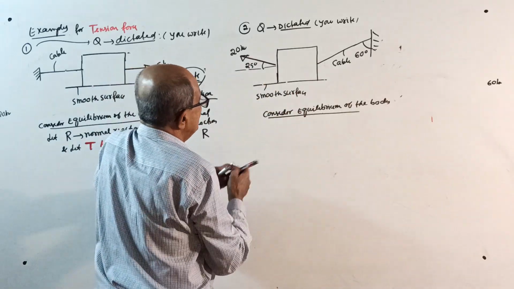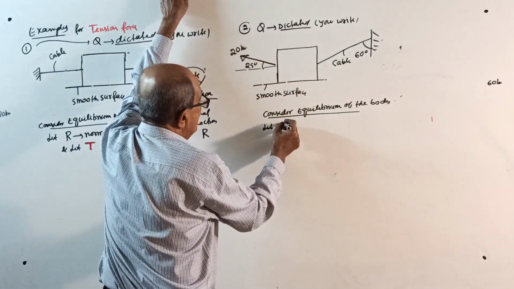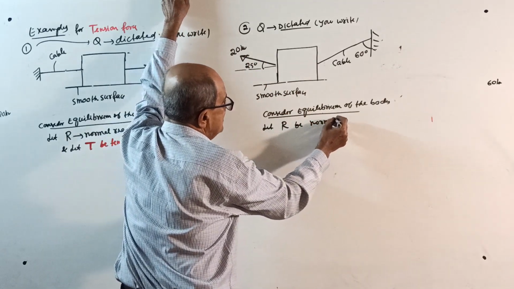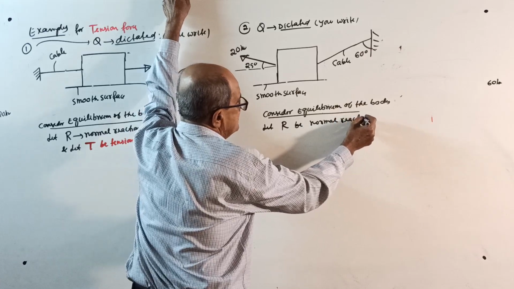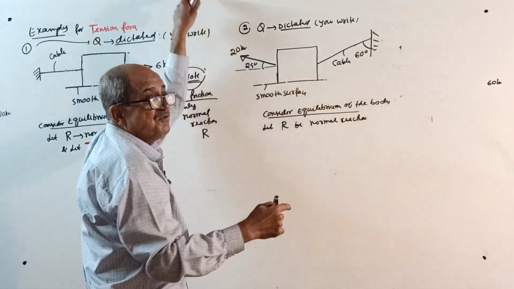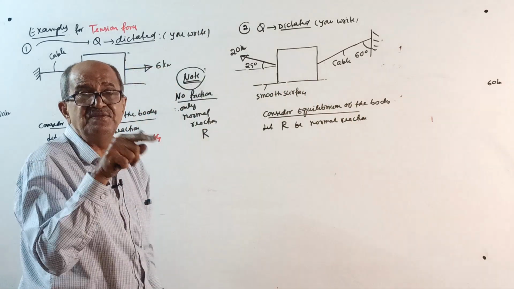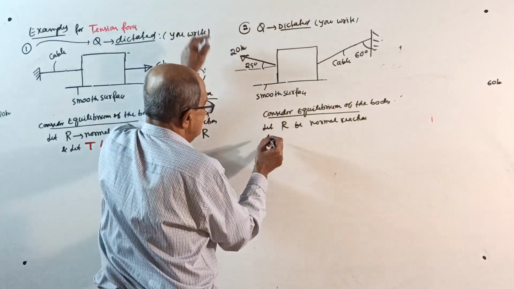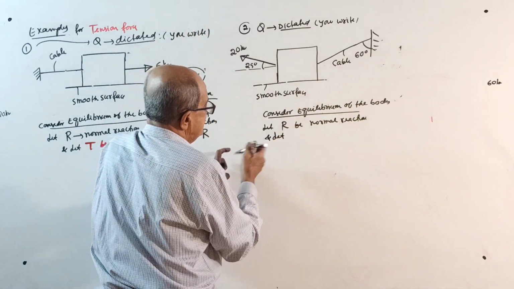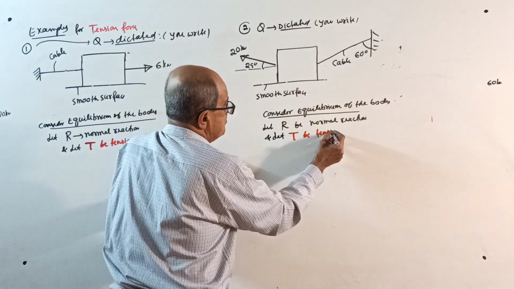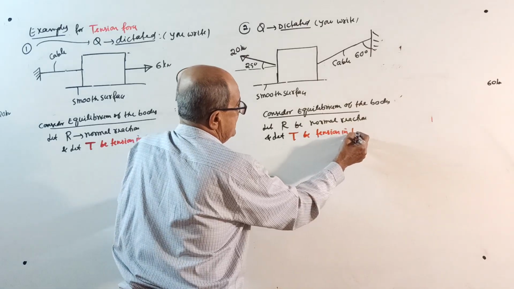Here also, let R be the normal reaction on the body from the surface, and let T be the tension in the cable.